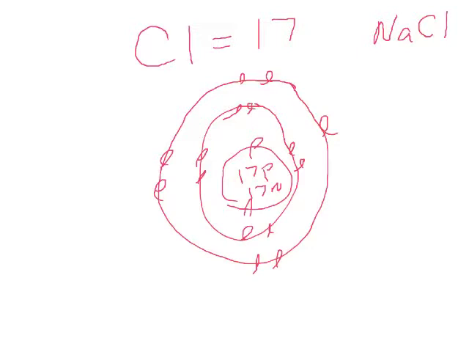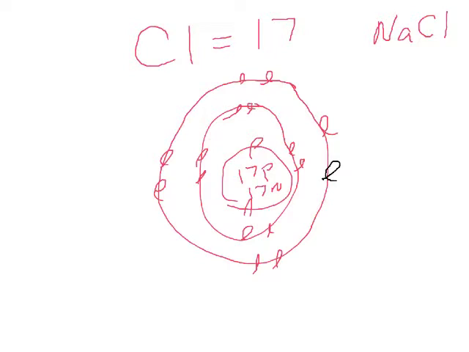Now, in this case, this is neutral. So what happens? Well, if you go back to the previous page and look at sodium, you know that it loses an electron and it becomes ionized. So we have a positively charged sodium. In this case, the electron will be gladly accepted by the chlorine.